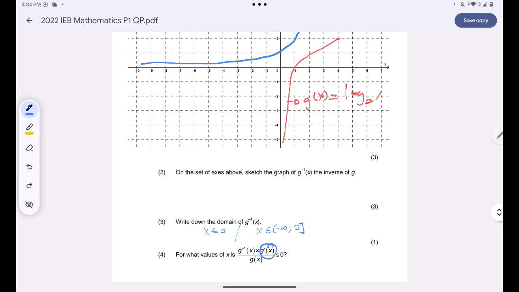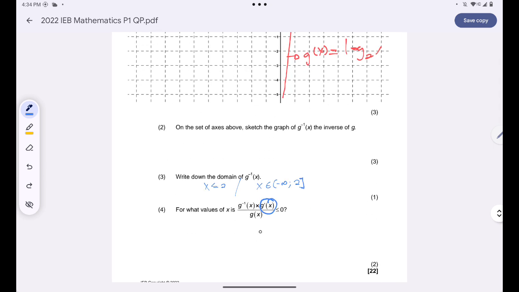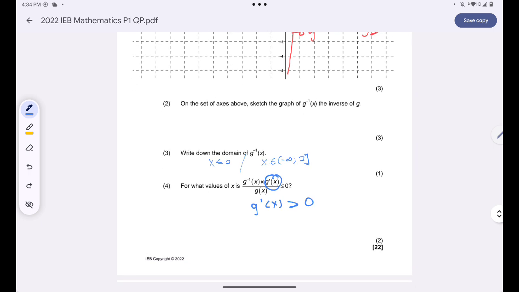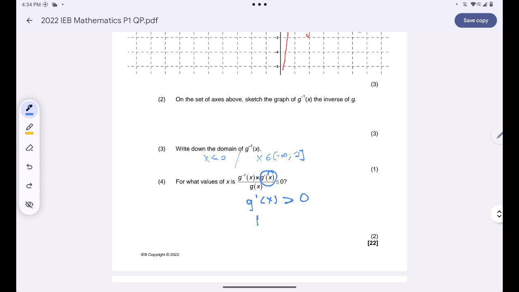Are you together? However, they were just trying to trick us here. The derivative of g of x, this graph is forever positive, is forever increasing rather, which simply means that the derivative will always be greater than 0 for x element of 0 to 4. Are you together?